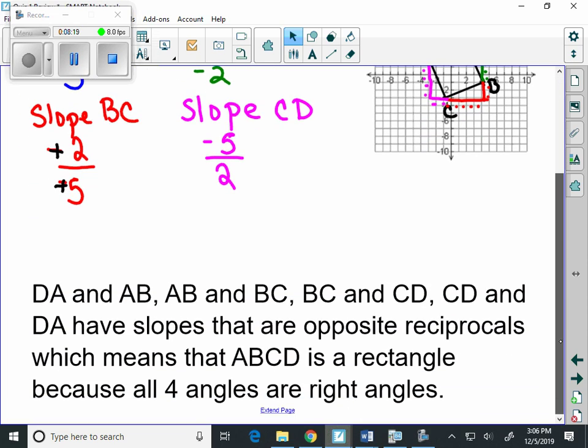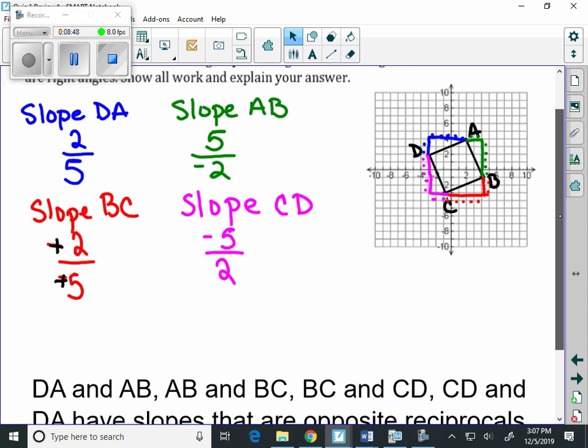What I wrote is that DA and AB, AB and BC, BC and CD, CD and DA have slopes that are opposite reciprocals, which means that ABCD is a rectangle because all 4 angles are right angles. Pause the video if you want to write that down. I think you could shorten it a little bit by just saying that ABCD is a rectangle because all 4 angles are right angles. We have the math behind here to show that.